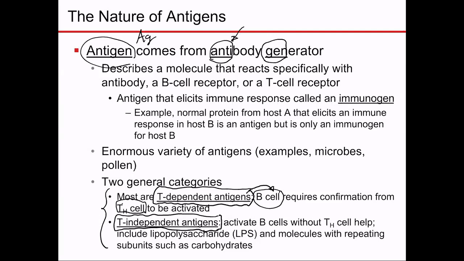And that's why it's called T-dependent. Now, T-independent antigens are antigens that when they bind to the surface of the B cell that will be activated by that particular antigen, those B cells will be able to get activated without the help of T helper cells. And I will tell you soon why that happens.